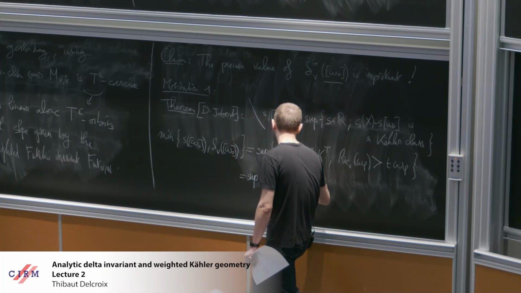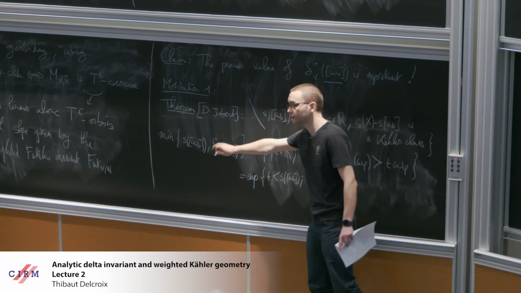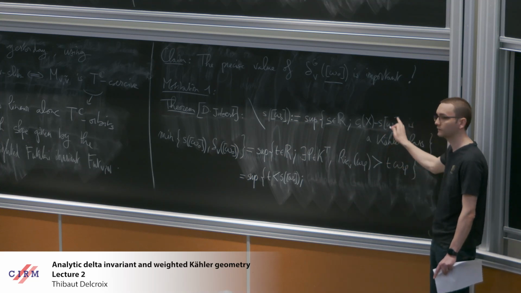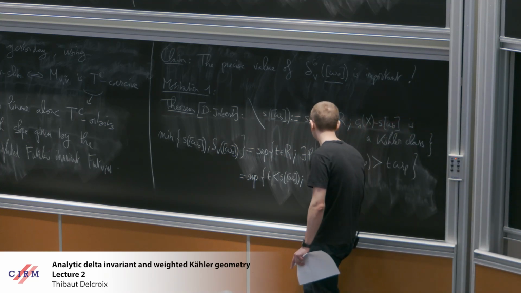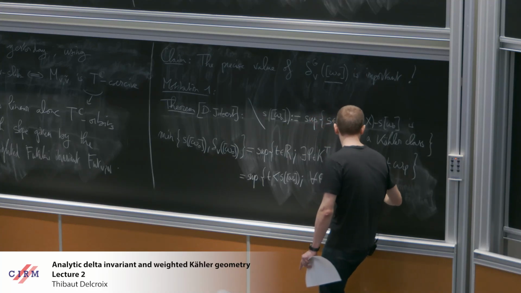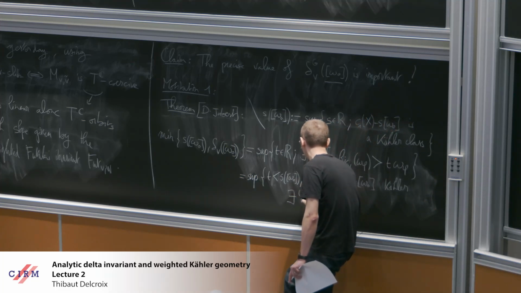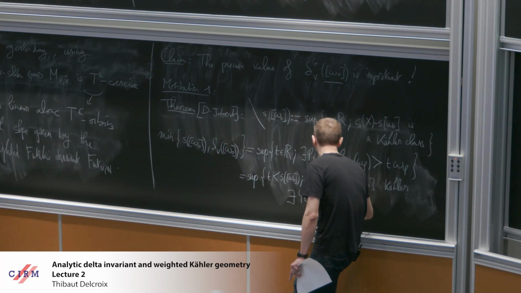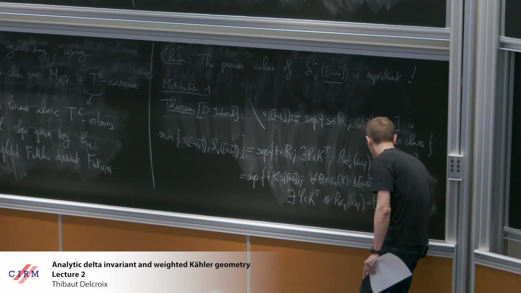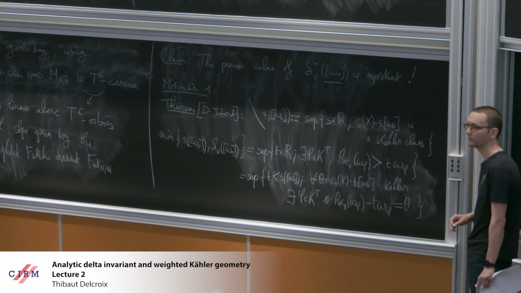I can rewrite this, and that's actually part of the proof, as the sup of all t smaller than this S. So now I assume straight away that this is Kähler class, so that for all theta in C1(X) minus t omega 0 Kähler, there exists phi such that Ricci v of omega phi minus t omega phi is not only Kähler, but equal to this prescribed Kähler form theta.